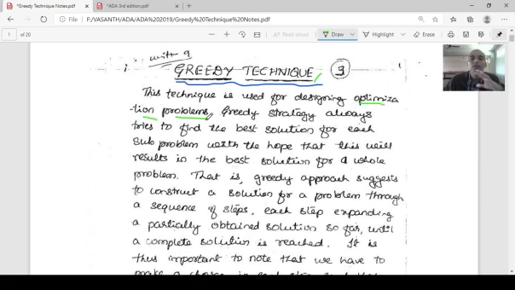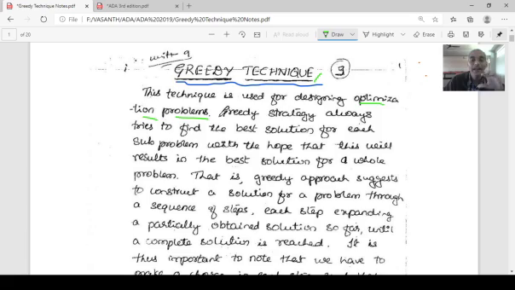Optimization problems are those where we have to find either a maximization or a minimization. That is the major goal for any function or any problem you consider: either to maximize or to minimize. Such a problem we call an optimization problem.